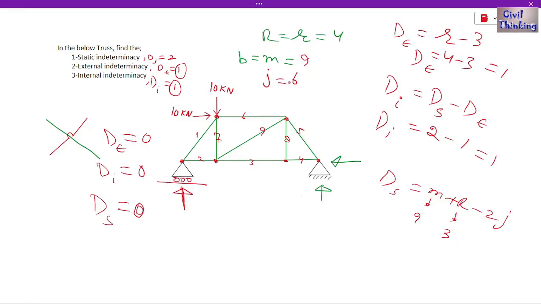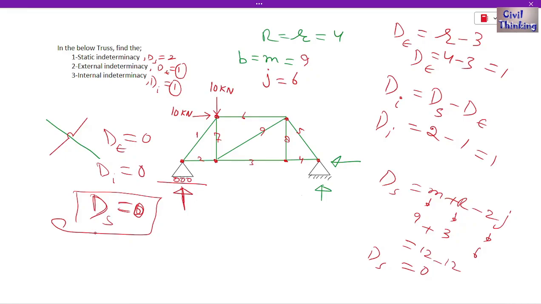It is 6. Now 9 plus 3 is 12, minus 2 multiplied by 6, so 2j is 12. So we got 0. Very good. So we found the total degree of static indeterminacy is 0. It means we can find the unknowns right now using only equations of static equilibrium.